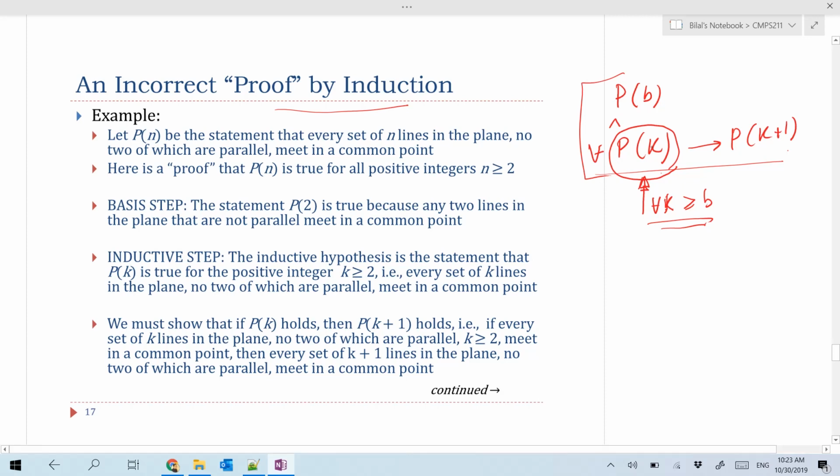And in this case, we cannot say that the property holds for every integer. So if we prove the property for b, and we assume it for every k, and we find ourselves able to prove it for k plus 1, maybe this is not sufficient as an argument, because for a specific case, the property does not hold.